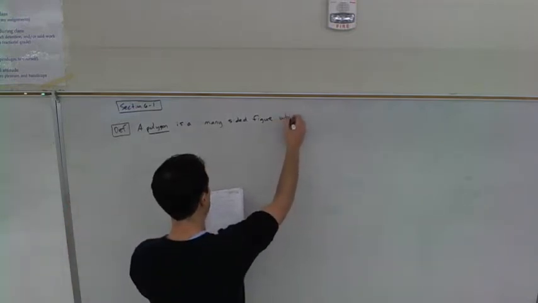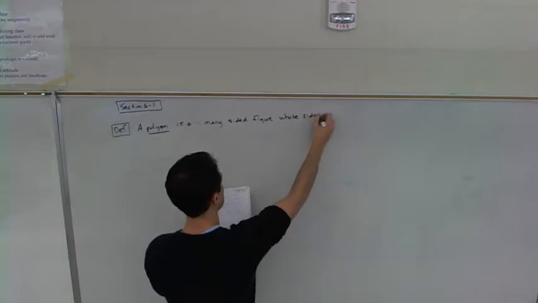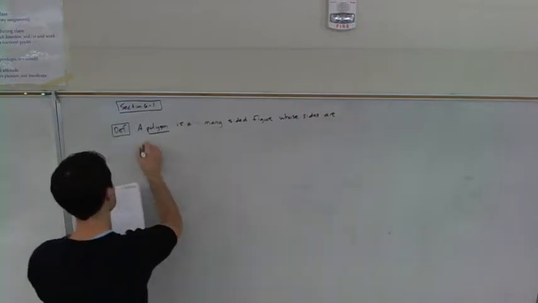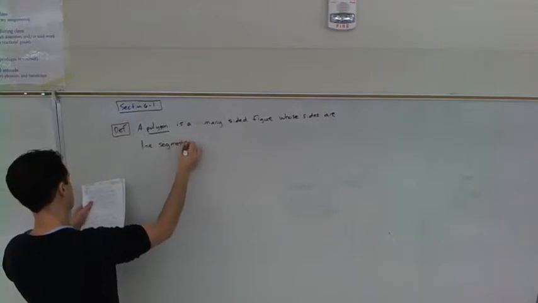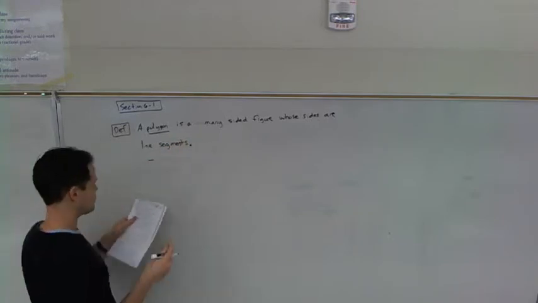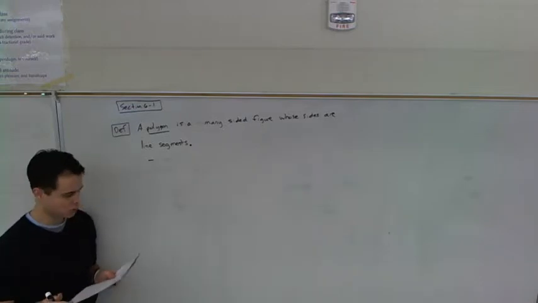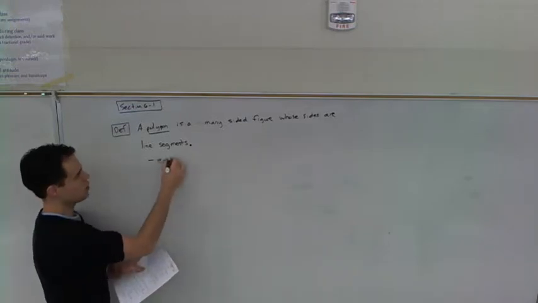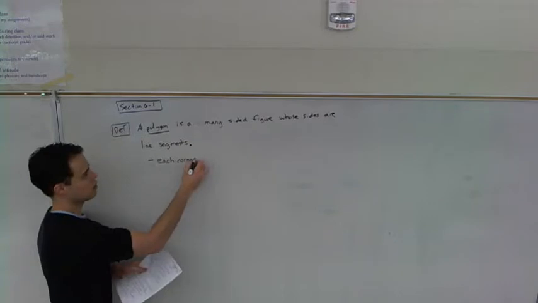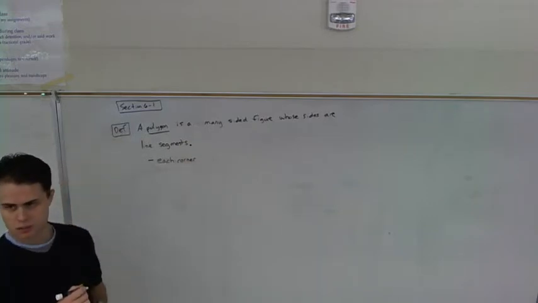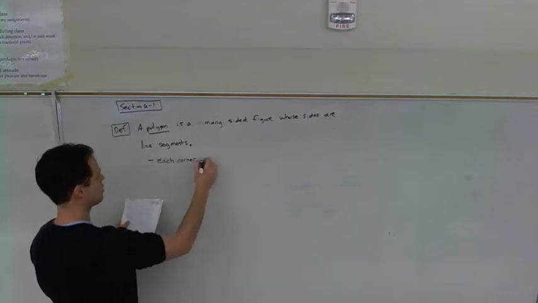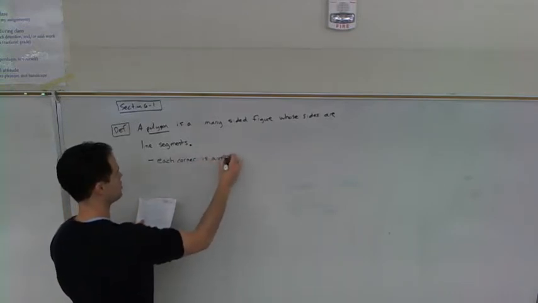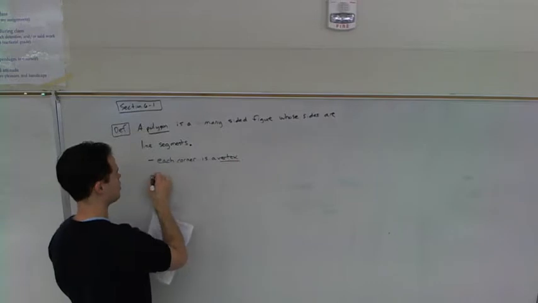So it's a many-sided figure whose sides are line segments. And that's all I'm going to say, except I'm going to put a couple bullet points on here. Each corner, what do we call corners of triangles? Vertex. A vertex, right? So each corner is a vertex of the polygon.